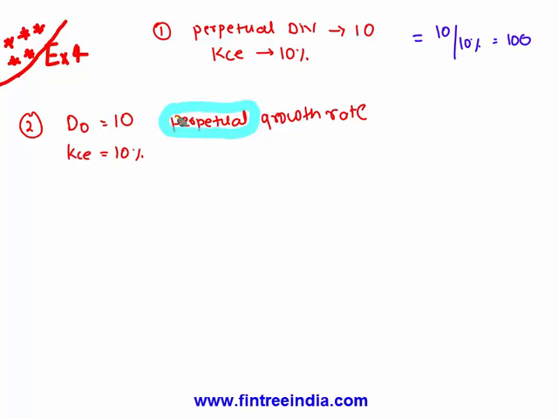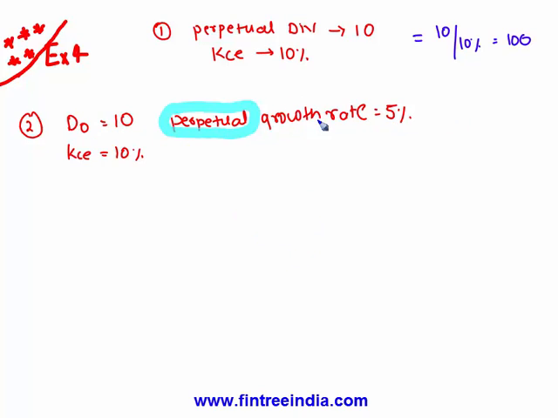I want you to learn to distinguish between just the growth rate and perpetual growth rate. What perpetual means is that this company has reached a very mature phase in the industry where every year it will keep on growing at the rate of 10%. No, sorry, in this case I want to keep that growth rate as 5%. So we are looking at the growth rate of dividend at 5% forever till infinity.